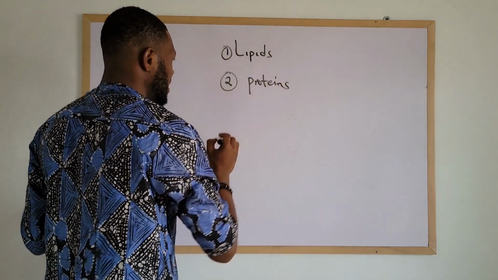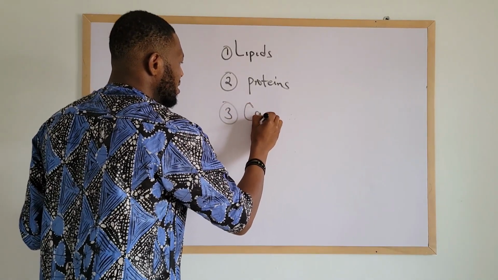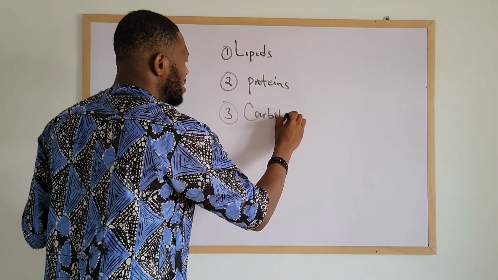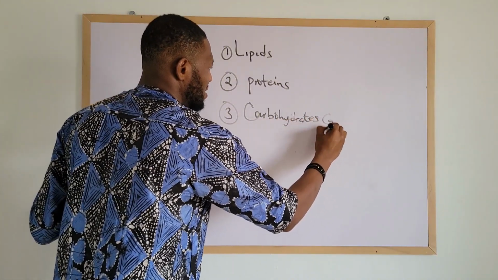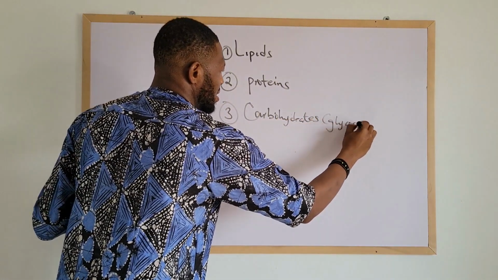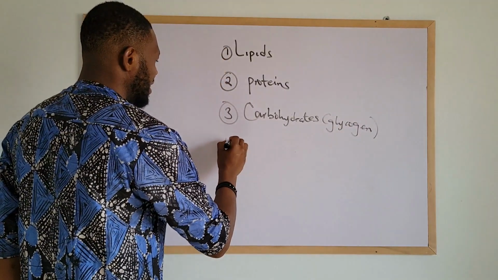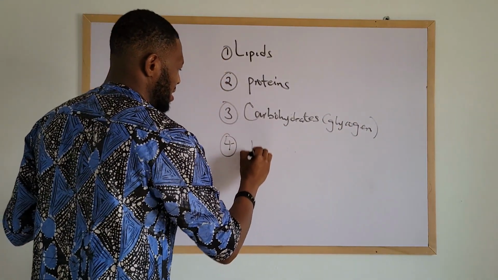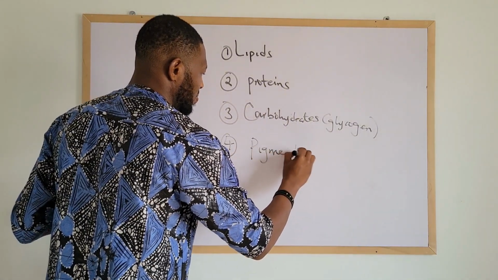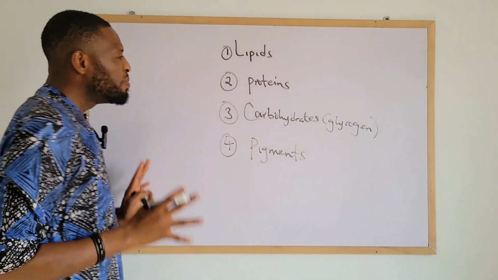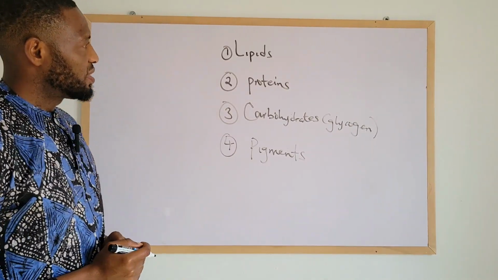Proteins can accumulate within the cell. Carbohydrates, particularly glycogen, can accumulate, and even pigments can accumulate. So these are the major things that can accumulate within the cell.